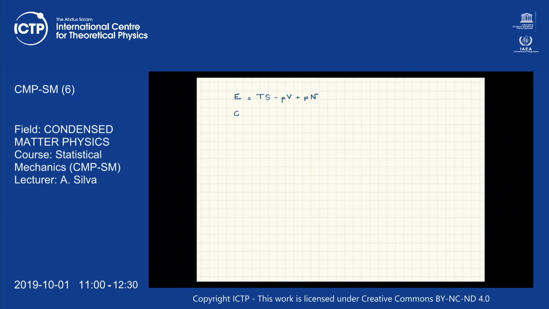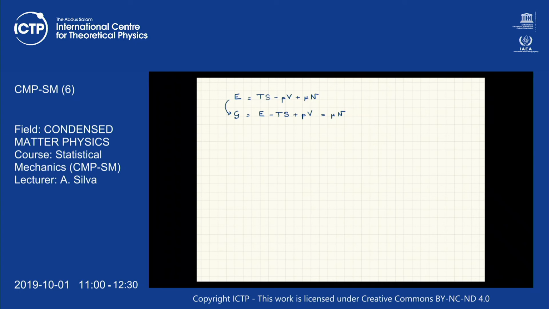But the Gibbs free energy is defined as energy minus T times S plus P times V. Now, if you use the Gibbs-Duhem relation in combination with this definition, this comes out to be equal to mu times N. And that's it. Okay? And nothing else.